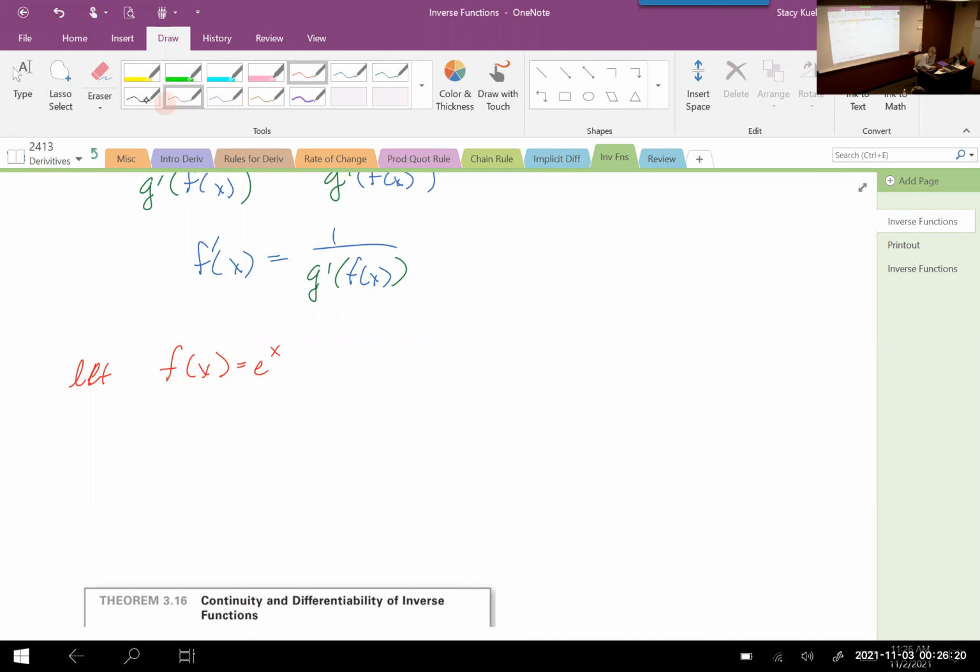If we let f of x be equal to e to the x, then what is the inverse of e to the x? What's the inverse of our exponential functions? Log functions, that's right. And so it would have to be a natural log. The inverse of e to the x is the natural log of x, correct?